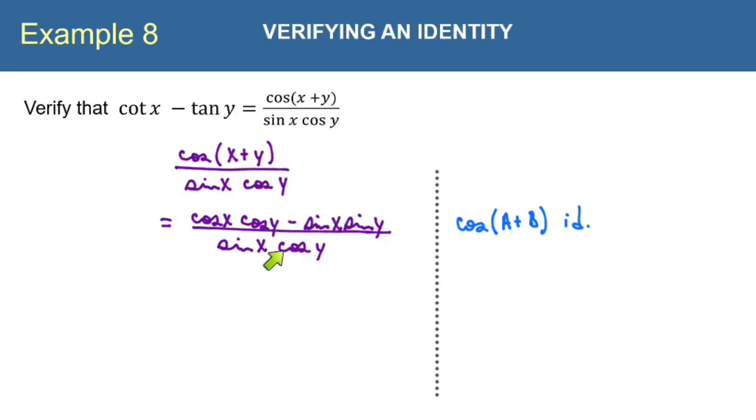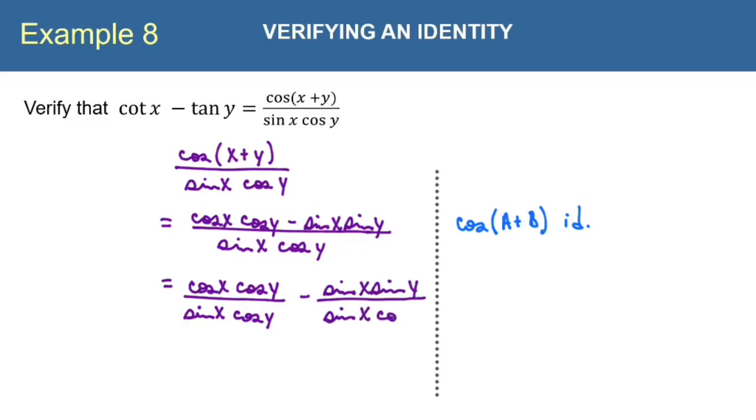So I'm going to restate this single fraction as two separate fractions, and they both will have the same denominator that we see here. So that's going to give us cosine of x times cosine of y over sine of x times cosine of y, then minus sine of x times sine of y over that same denominator. Over here on the right side, let's write down that we split the fraction.